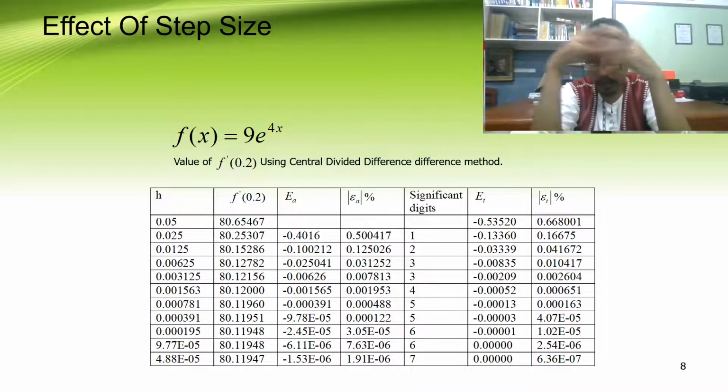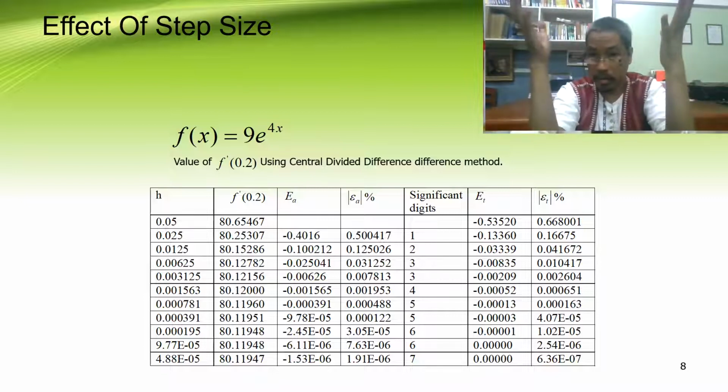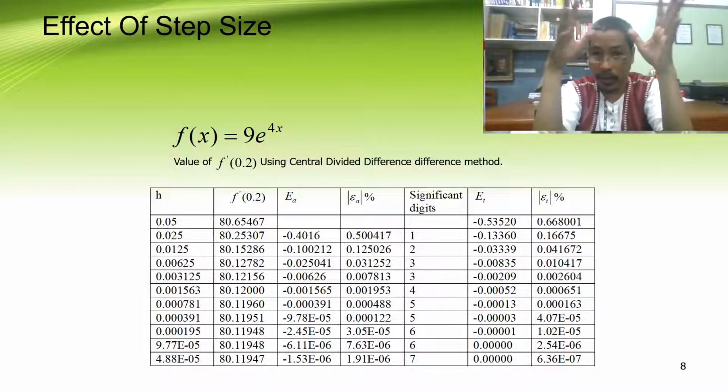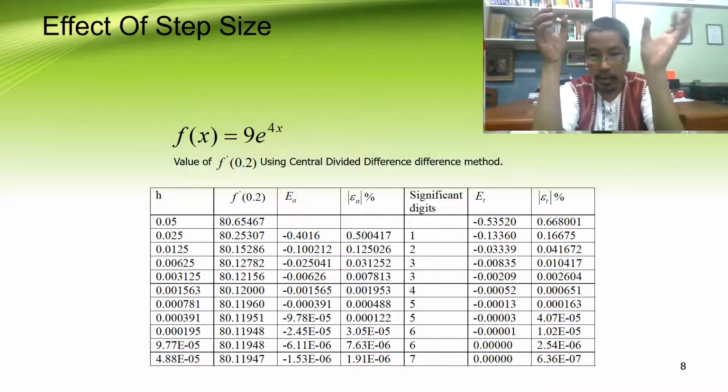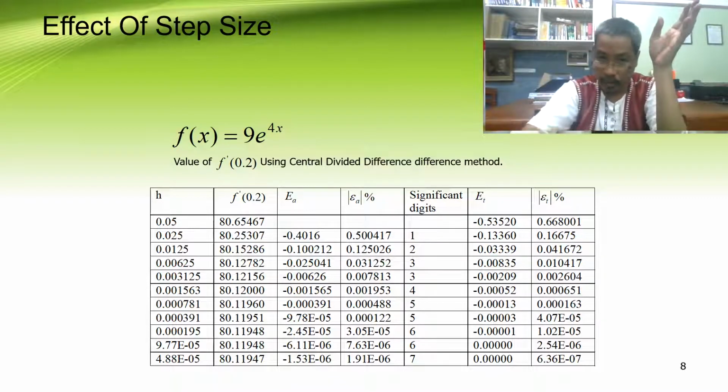Or, the simpler technique is this: we know the absolute relative approximate error given in this fourth column here.